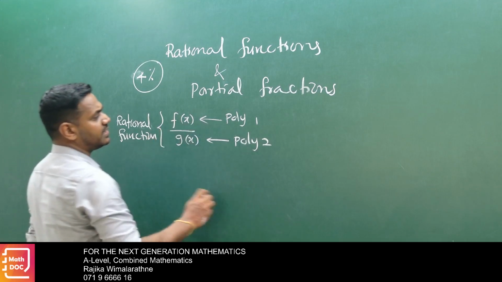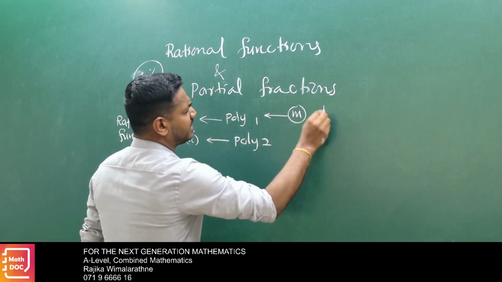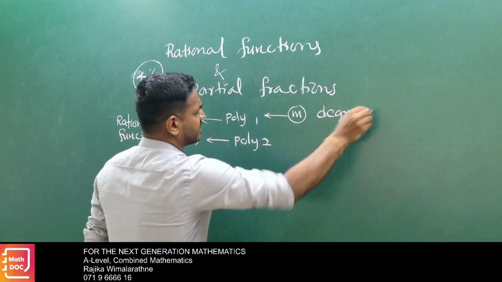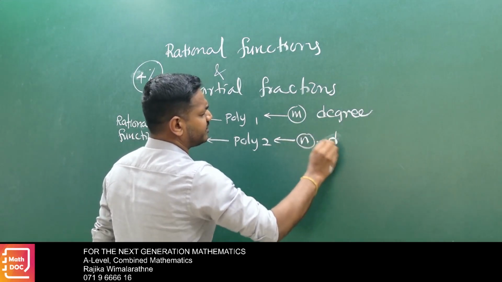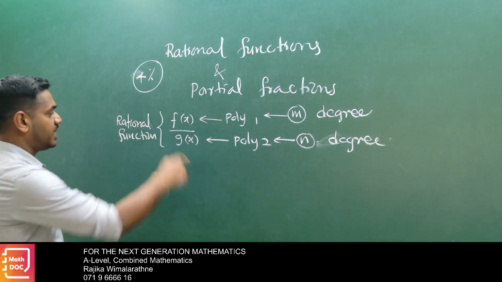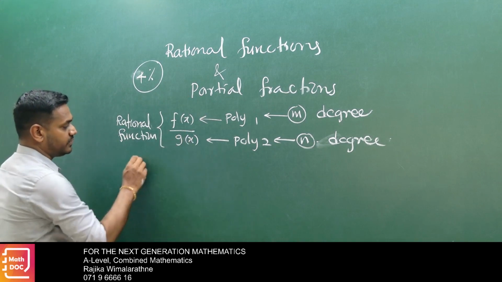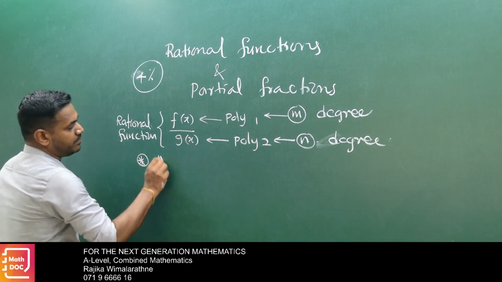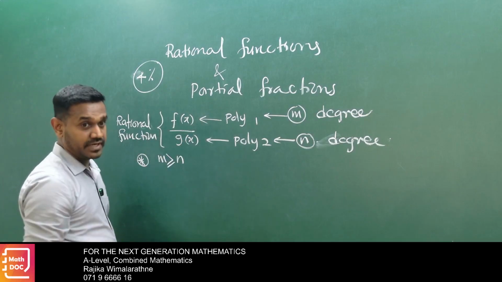Let's say polynomial 1 has degree m and polynomial 2 has degree n. Any division we call rational. If m is greater than or equal to n, division is possible, no?